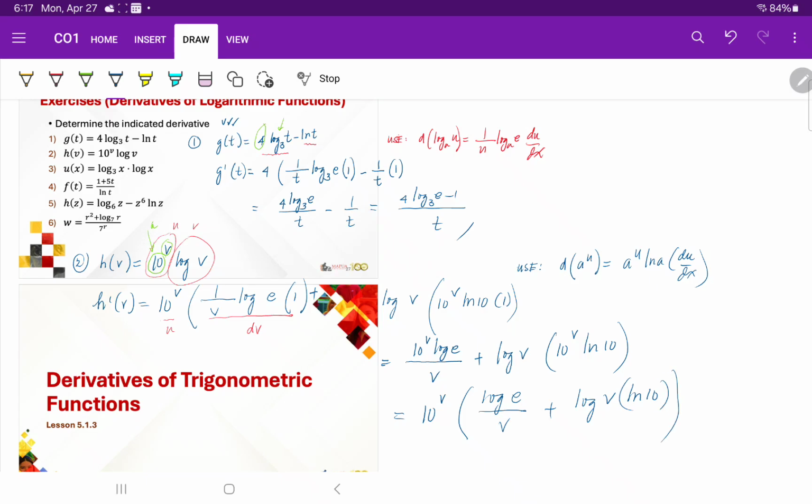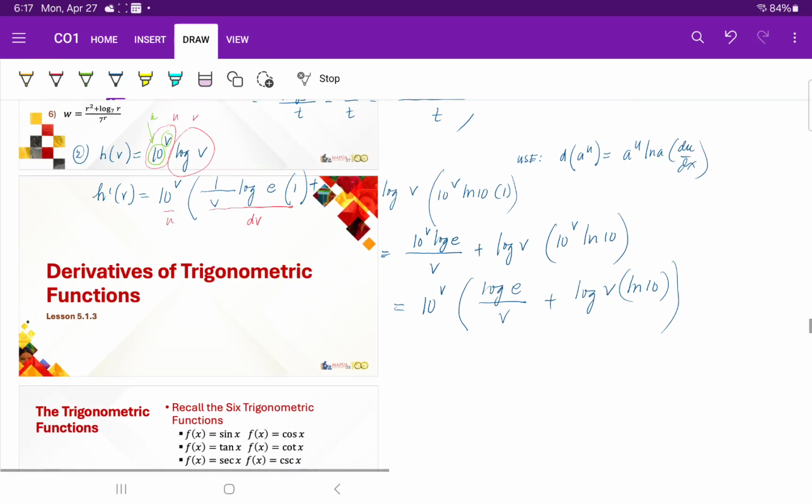Okay, so there's no more common factor, but we can find the LCD. So what's our LCD? It's v. So we first write 10 to the v, and then we get the least common here, which is v.